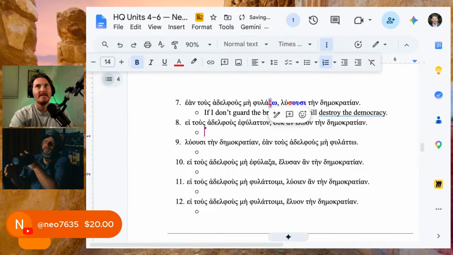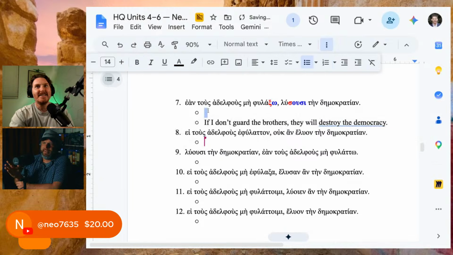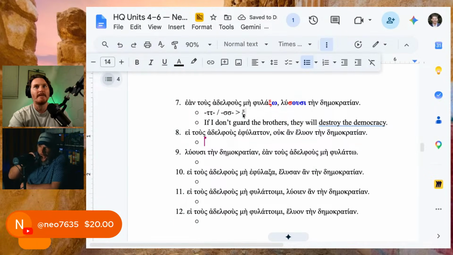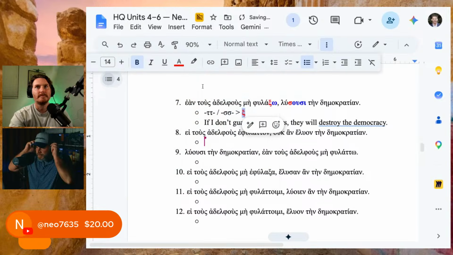I don't even know why that's the case. I just heard it so many times. Yeah, the TT is the Attic form. The SS is the Ionic form that becomes standard in the Koine, and with both of these, they turn into x when you add a sigma to them. Yep. Boom.